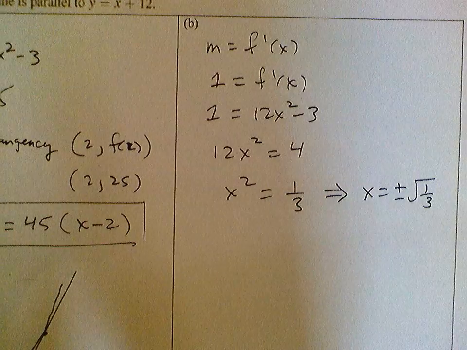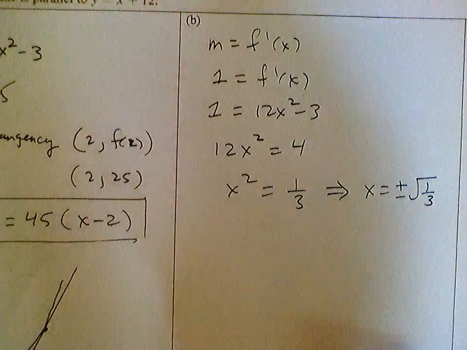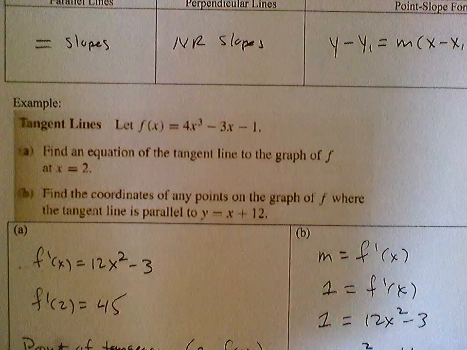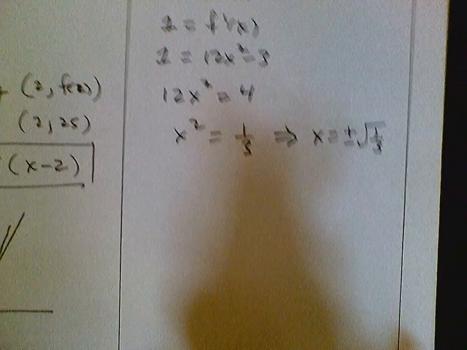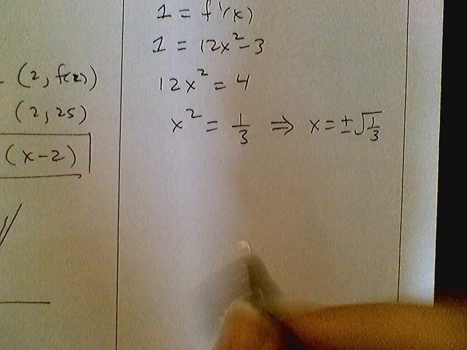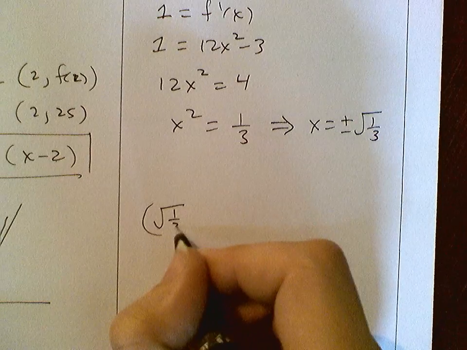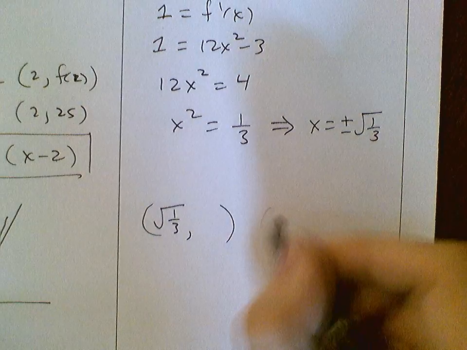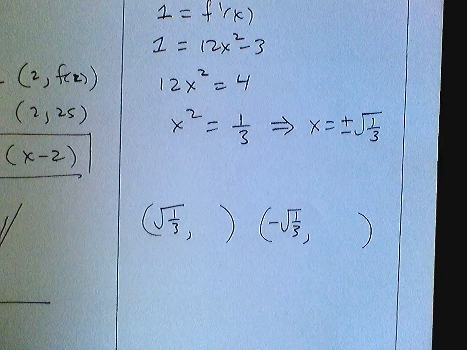Now, they're not just asking for these x coordinates, they want the points on the graph. So I need to find the corresponding y coordinates for these points. I know that one of my points is radical 1/3, and I've got to find the corresponding y coordinate, and the other is negative that.